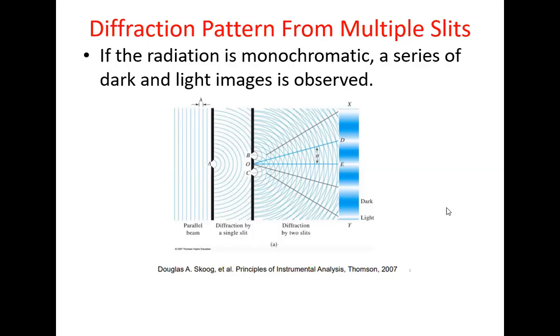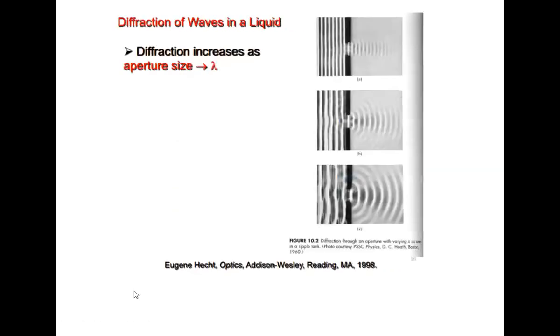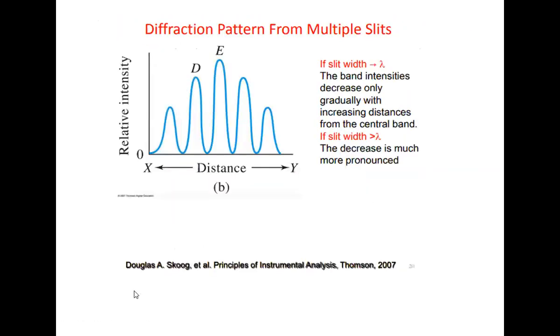So this is what we are saying. From this, there are going to be some mathematical relationships that we normally encounter. Now, what you'll see, diffraction patterns from multiple slits, is this kind of pattern.